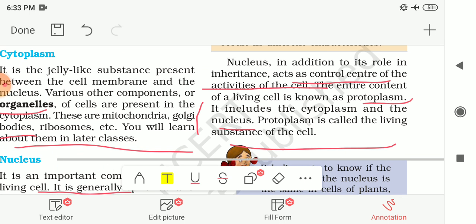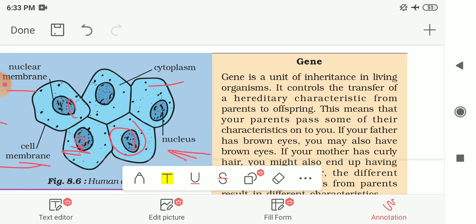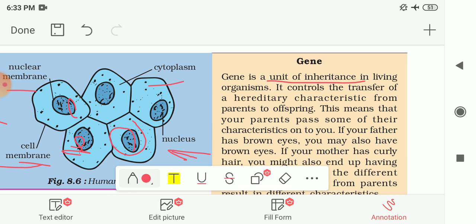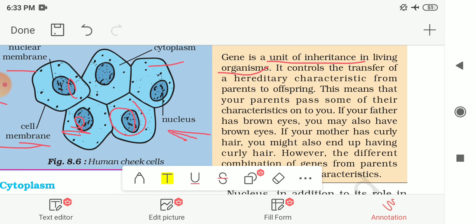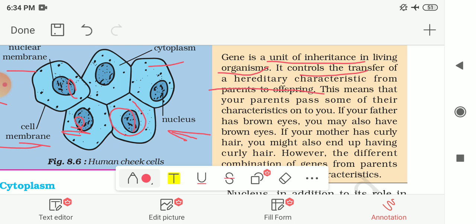Here, let me tell you more about genes. A gene is a unit of inheritance, that is, the characters which are transferred from the parents to the offspring. In inheritance in living organisms, genes play a very important role. They control the transfer of hereditary characteristics from parents to offspring.